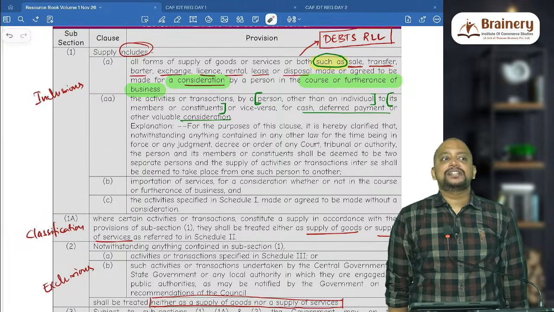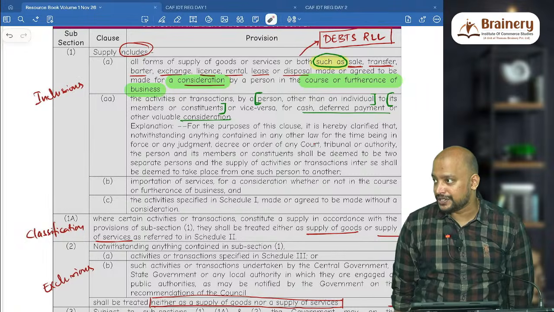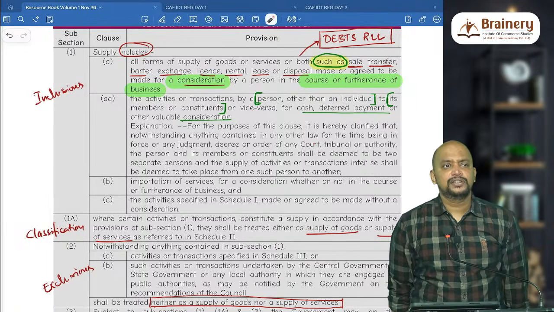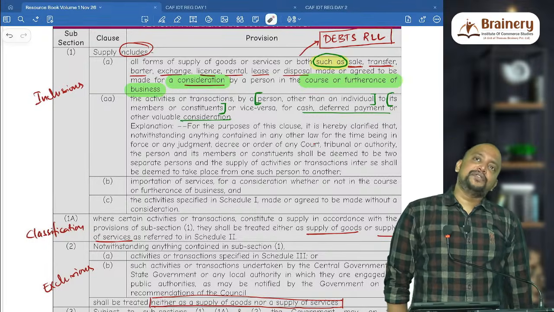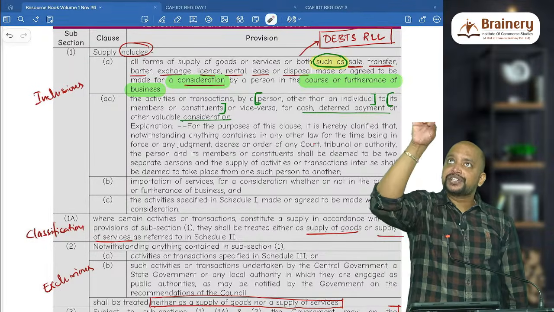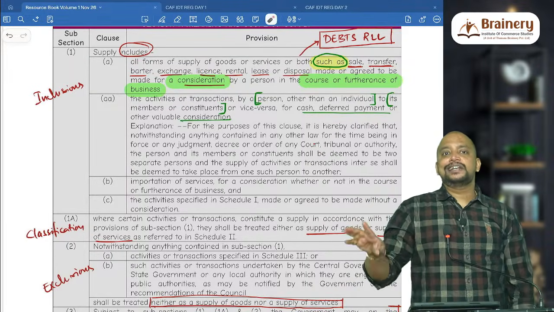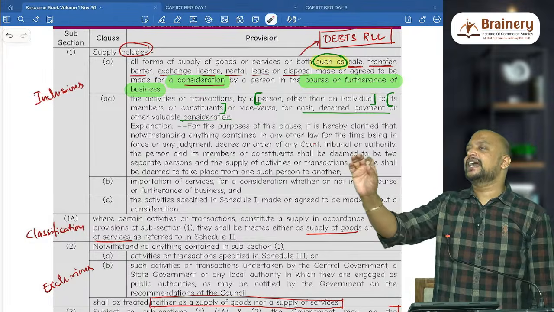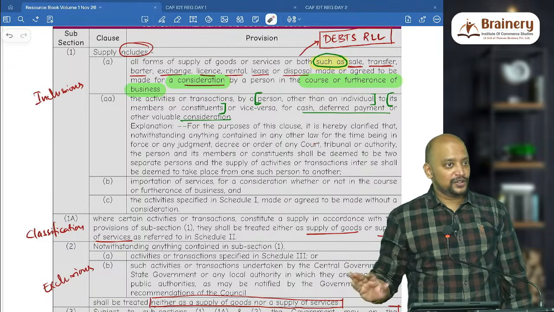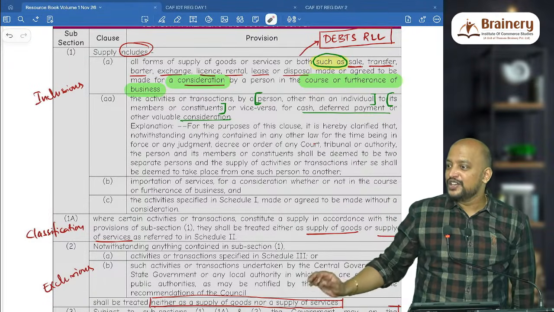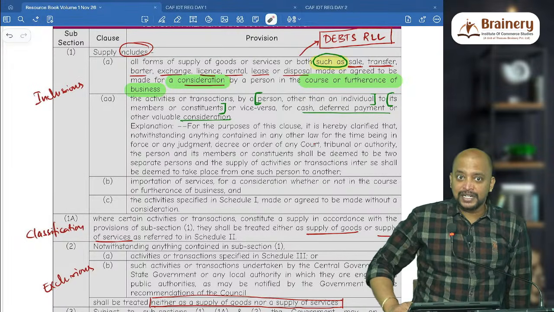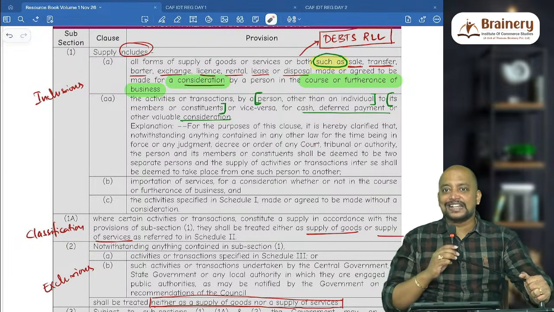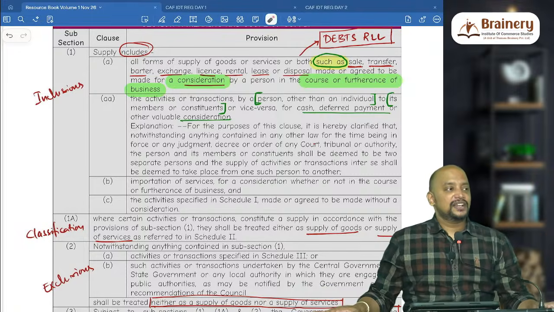Should they pay service tax on the maintenance charges was the issue, for which there were a lot of litigations during service tax, and it went up to the Supreme Court. The Supreme Court decision came in 2018 stating that service tax should not be collected. You understood? Association should not collect service tax from the members on the maintenance charges.